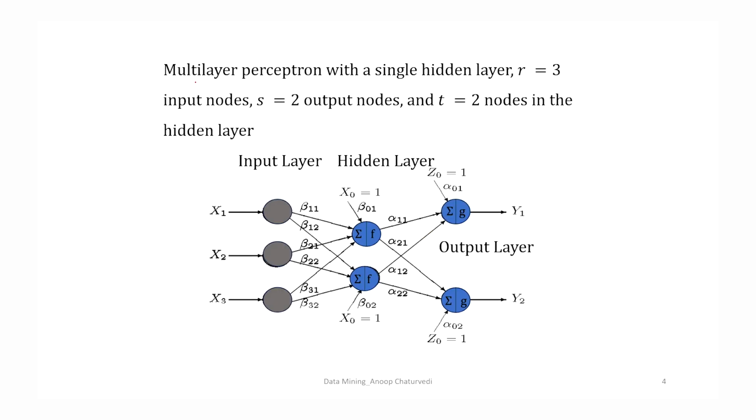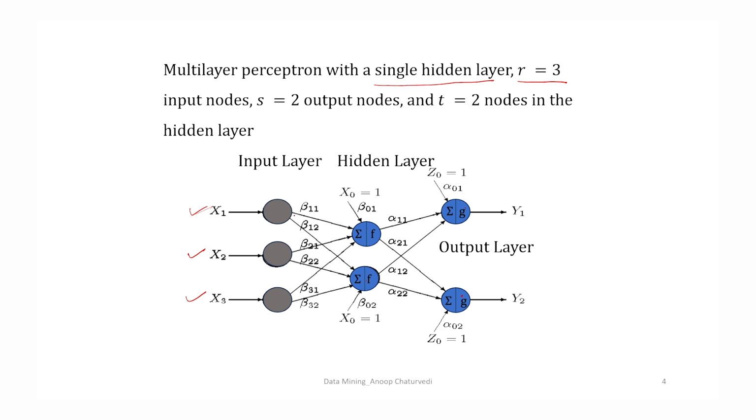So, suppose we consider multi-layer perceptron with a single hidden layer, and then suppose r is equal to 3, that is we have 3 input variables x 1, x 2 and x 3. And then we have one hidden layer, and this hidden layer has 2 nodes. Then this output layer also has 2 nodes.